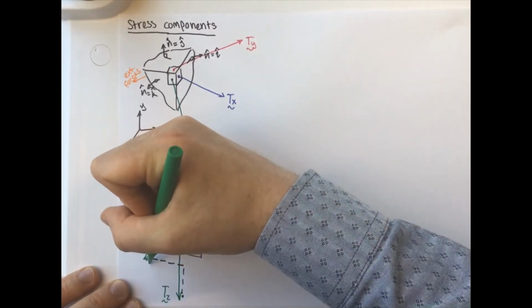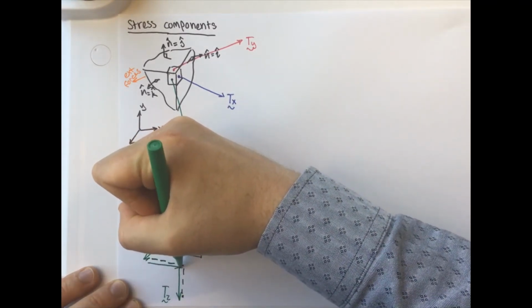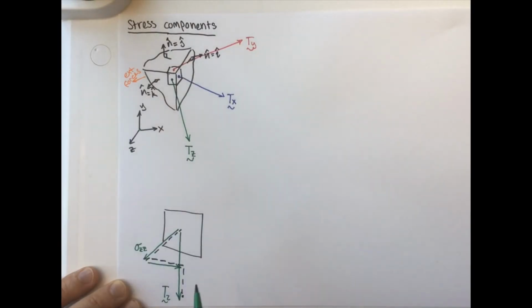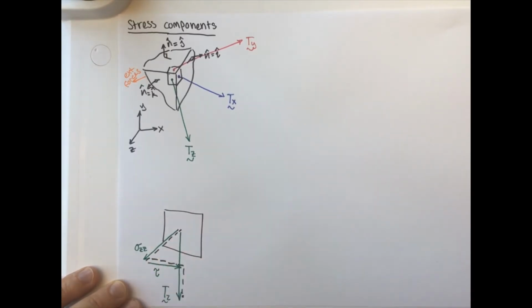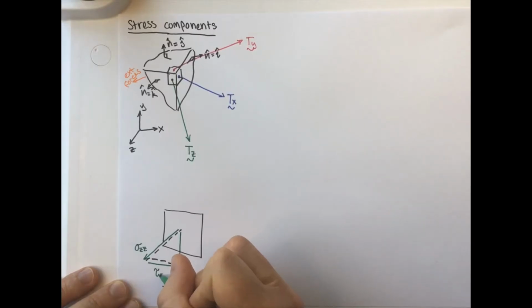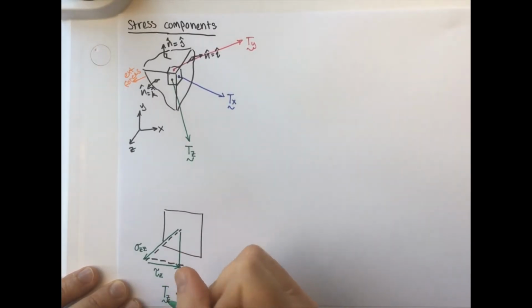Next, we're going to have a vector going in the x direction, and it's tangential to the plane, right? So we are going to give those the name tau, and again, it's tau on the z face because it's the z.